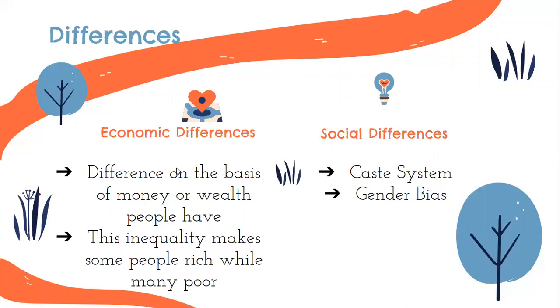Yes. Now, another kind of difference is, students, the social difference. Social has got to do everything with the society, right? Now, two kinds of social evils have existed in the Indian society, which have given it a very degenerated shape.